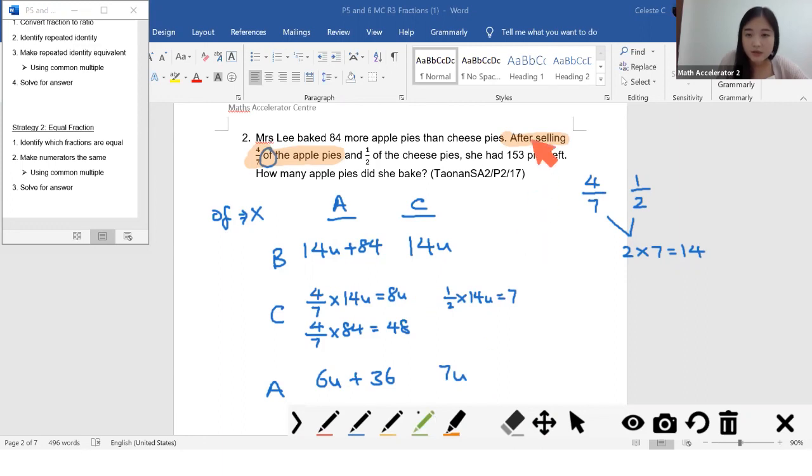Right, and then they told us that there are 153 pies left, which is the after model here, this part, after portion here. So this must mean the apple pies and the cheese pies, you add everything up over here. Okay, you will get 153. So write it out. 6 units plus 36 plus 7 units, right?